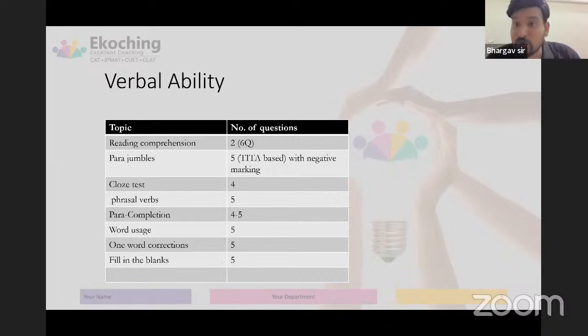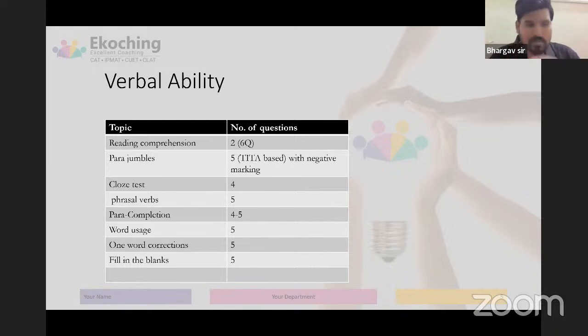So even if you are sure about 1 word, then the other 2 words, even if you don't know, you could have cracked it, and that made the vocabulary section easier. And apart from that, there was one tone-based question in the RCs in Delhi pollution. That was unexpected for me. I didn't expect a tone-based question. And fill in the blanks were something that we discussed, 1 word usage.